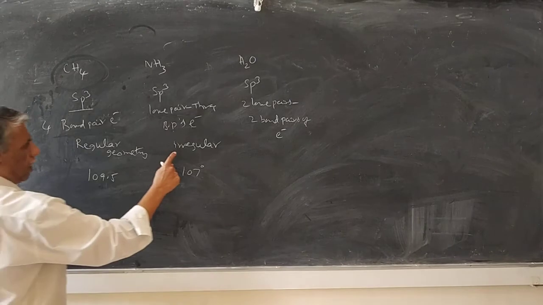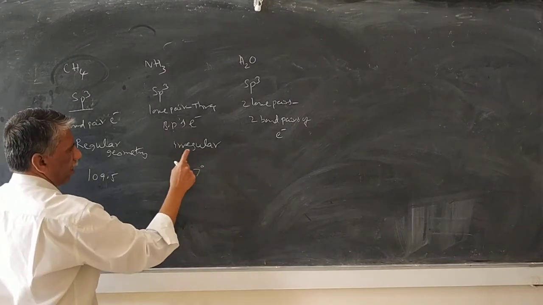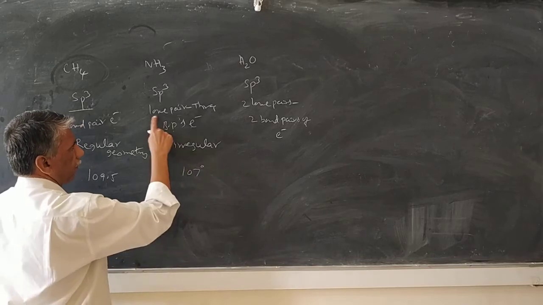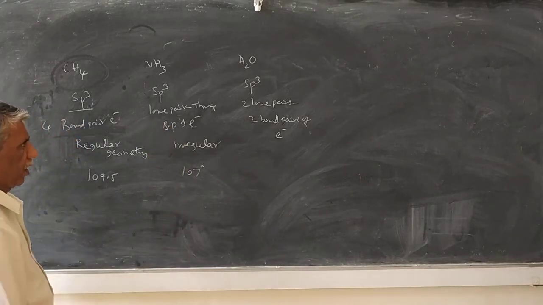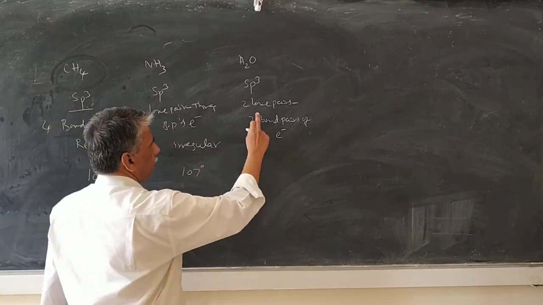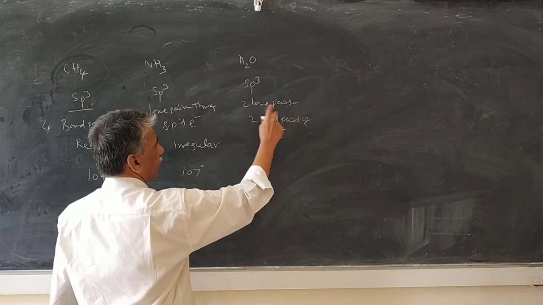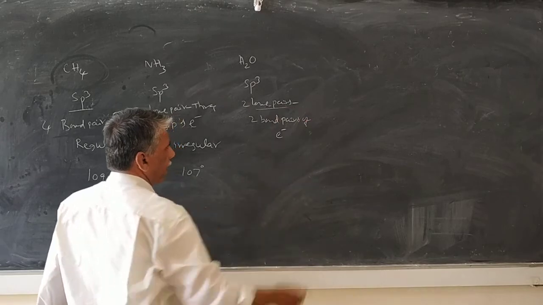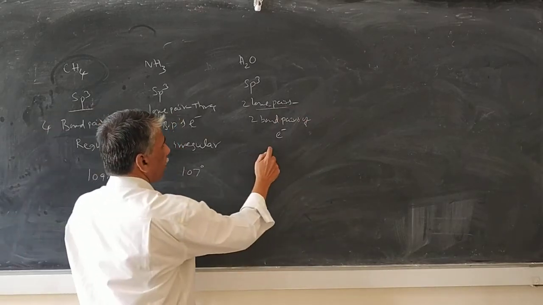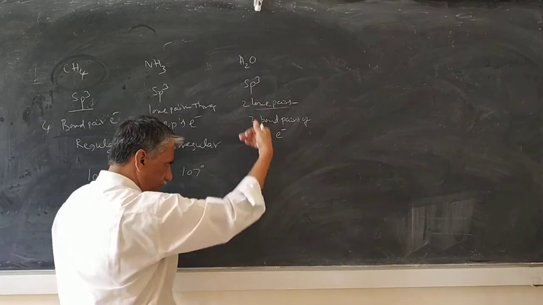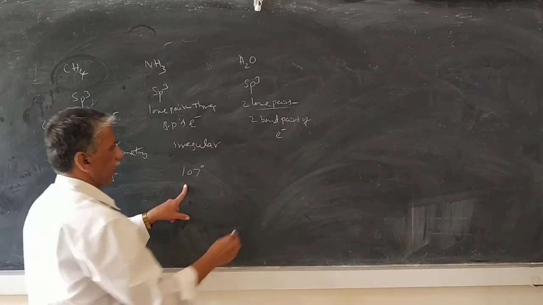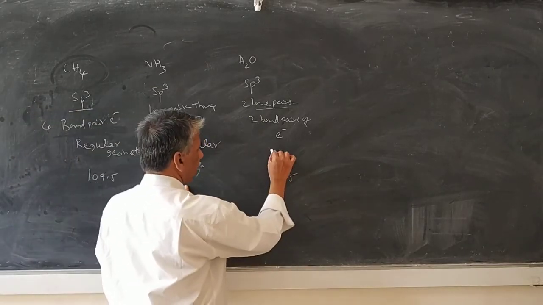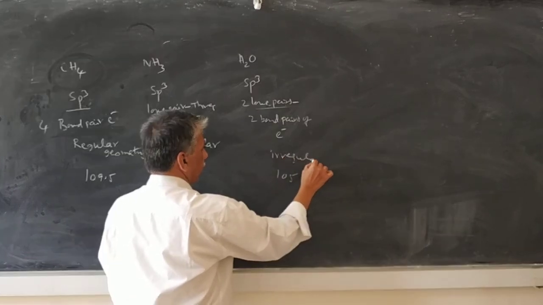Okay. The molecule has irregular geometry and the bond angle is also slightly decreased due to the presence of the lone pair of electrons. If you come to water, there are more lone pairs. There are two lone pairs and two bond pairs. Since there are more lone pairs, this molecule has still less bond angle. It's almost 105 degrees. Okay, and it also has irregular geometry.